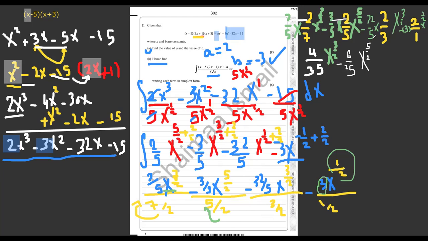Then 32 multiplied by 2, which is 64, minus 64 over 5 x to the power of 3 over 2.